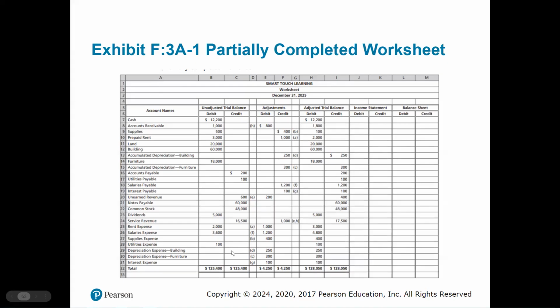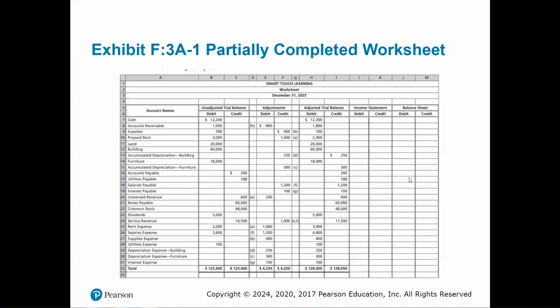If we go to the bottom down here, we see service revenue is the first income statement account, so we carry that over into the credit column. All the expenses get carried over into the debit column over here. We'd have 17,500 here, and these would get carried over. And then the net of the two would give us our net income for the period. The balance sheet accounts would all get carried over up to here.